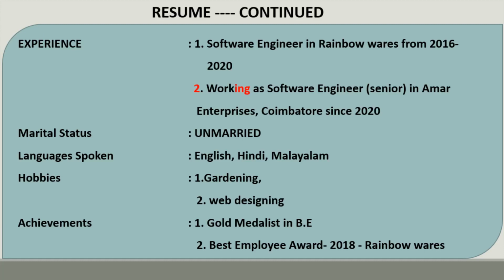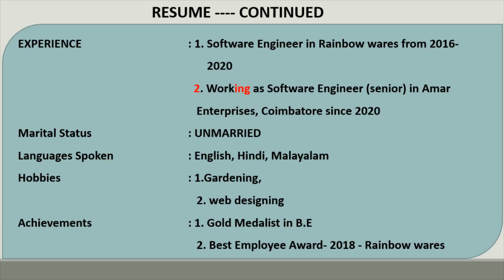Marital status, languages spoken are easy enough to understand. As far as hobbies are concerned, it would be better if you could show one hobby as a relaxing and unwinding one and the other hobby related to your job. Like gardening helps you to de-stress and unwind, while web designing helps you to perfect yourself in your job.